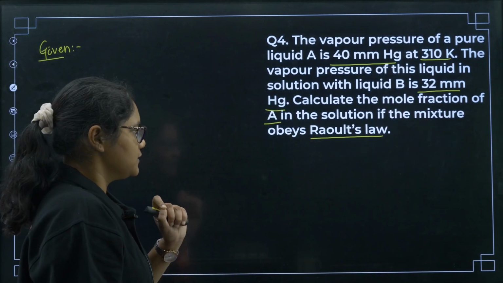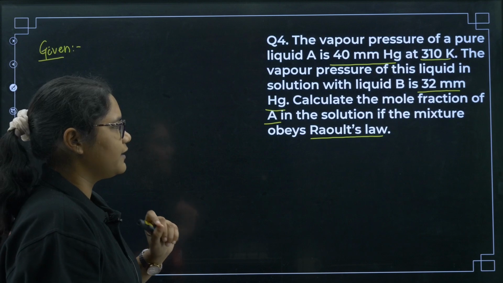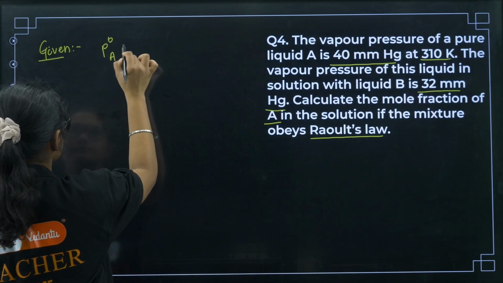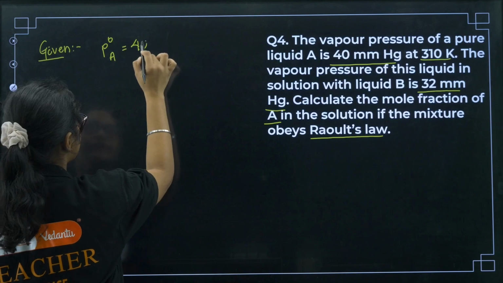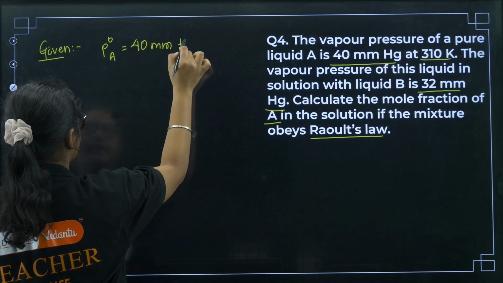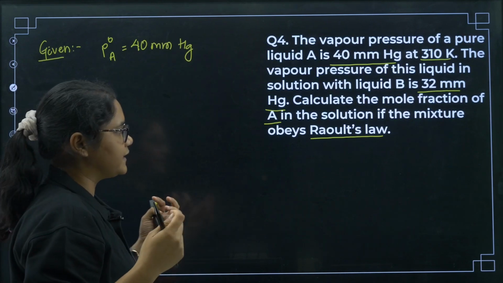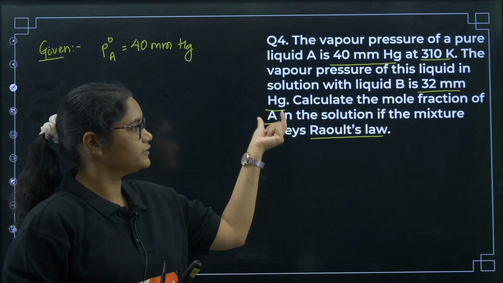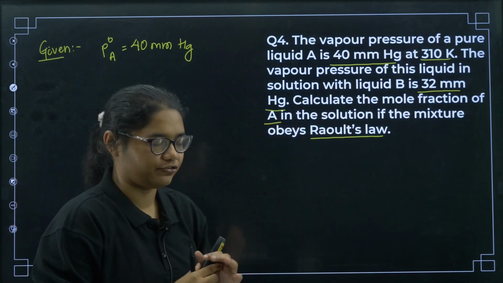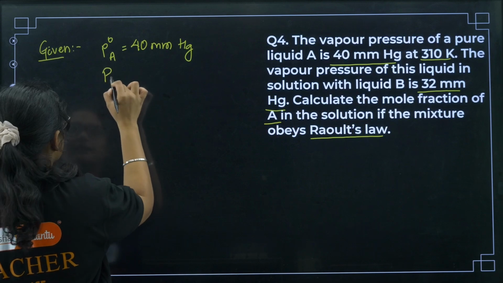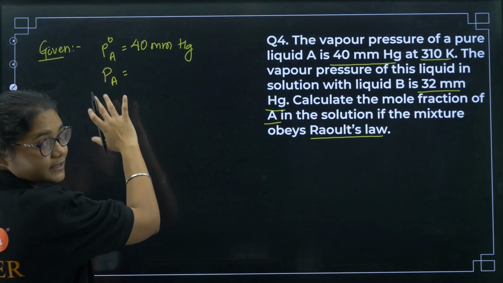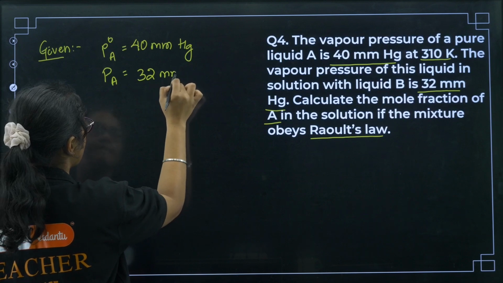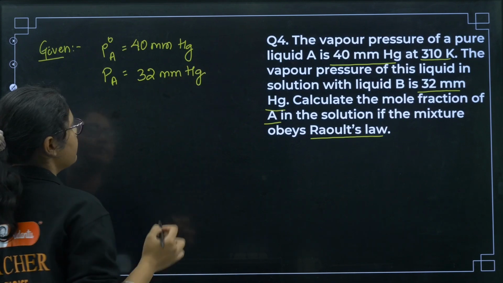Now you see the question is saying something very simple. We have the pure pressure of A, that is 40 mm Hg. Now the question is saying that if you mix A and B, then the pressure of A is 32 mm of Hg. That means the pressure of A, PA, in the solution with B is 32 mm Hg.